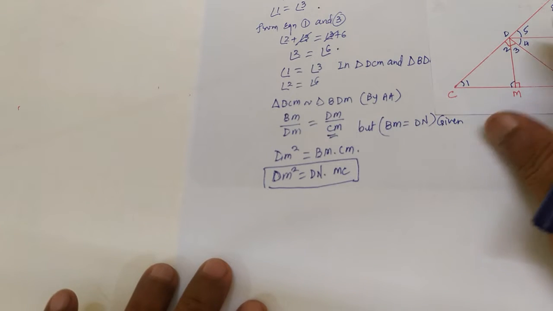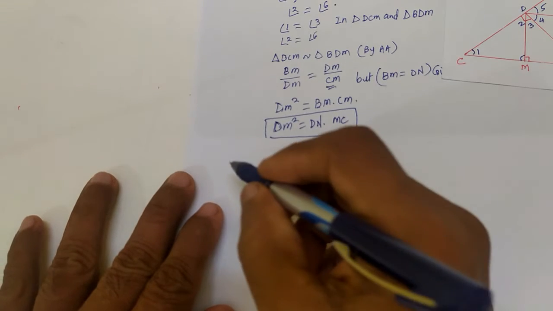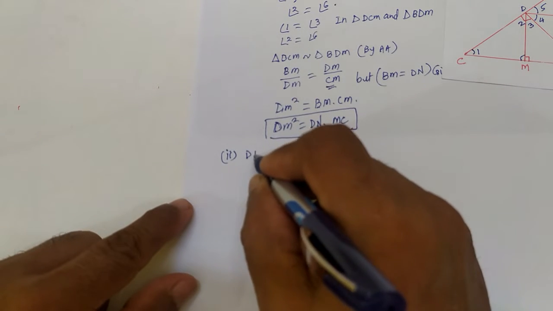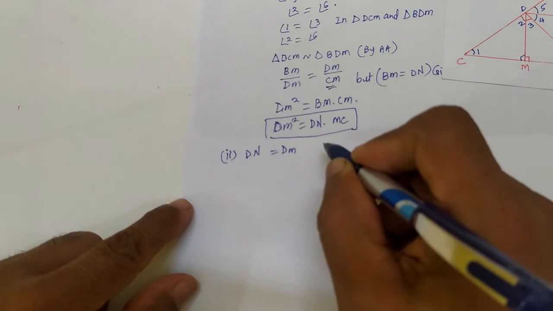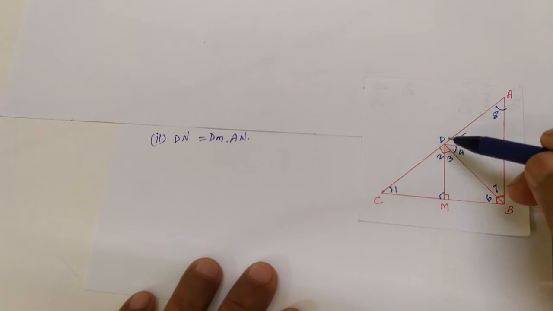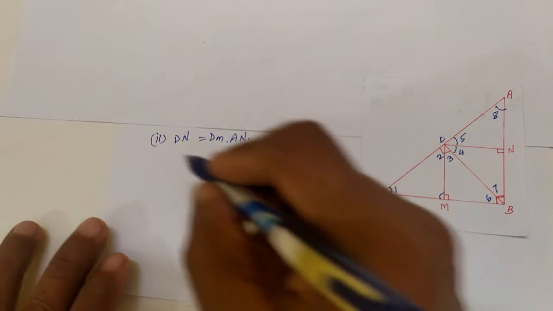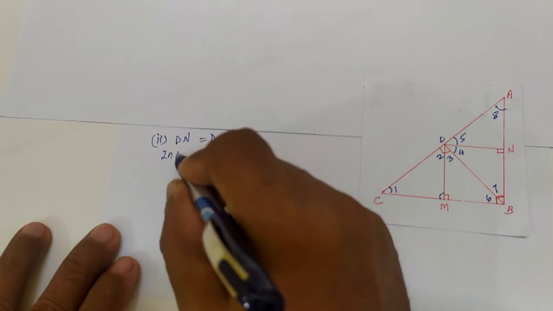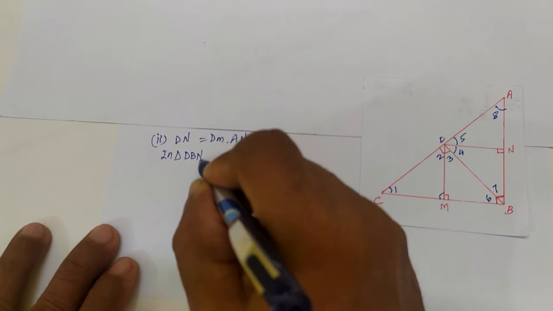This is the first proof. We will prove the second. The second proof was DN square is equal to DM into AN. Similarly, we can take triangle DBN.